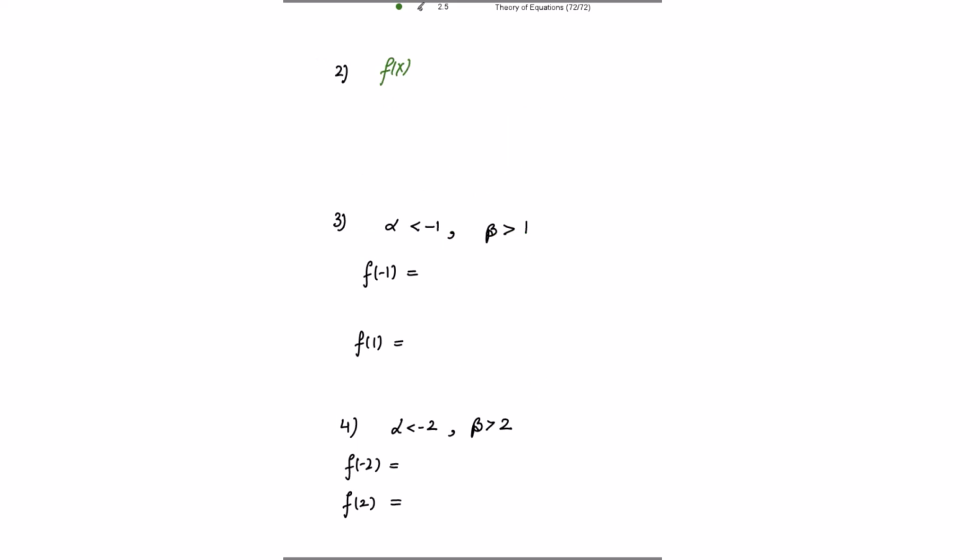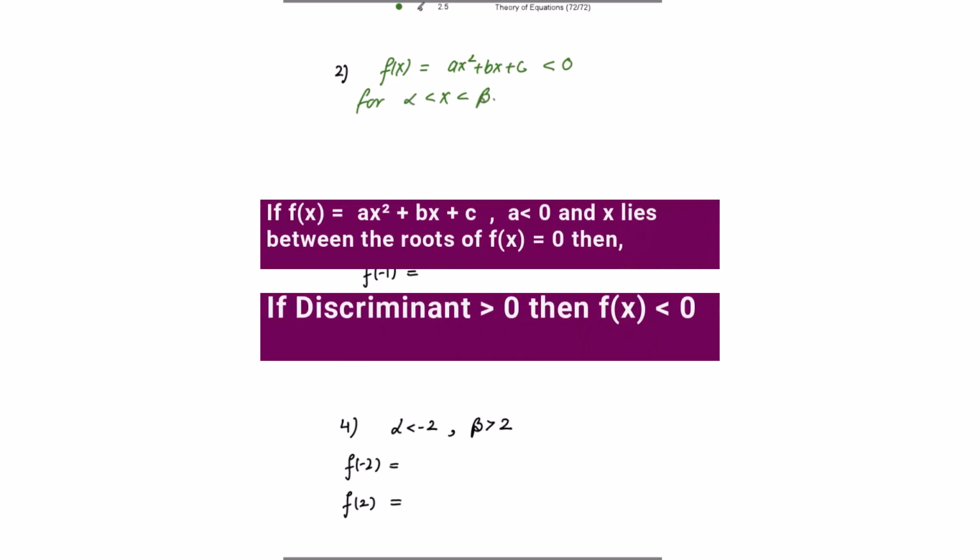Okay. So second we say that the function f(x), that is ax²+bx+c, should be, yes, strictly negative for x lying between alpha and beta. This is what remark 2 says.